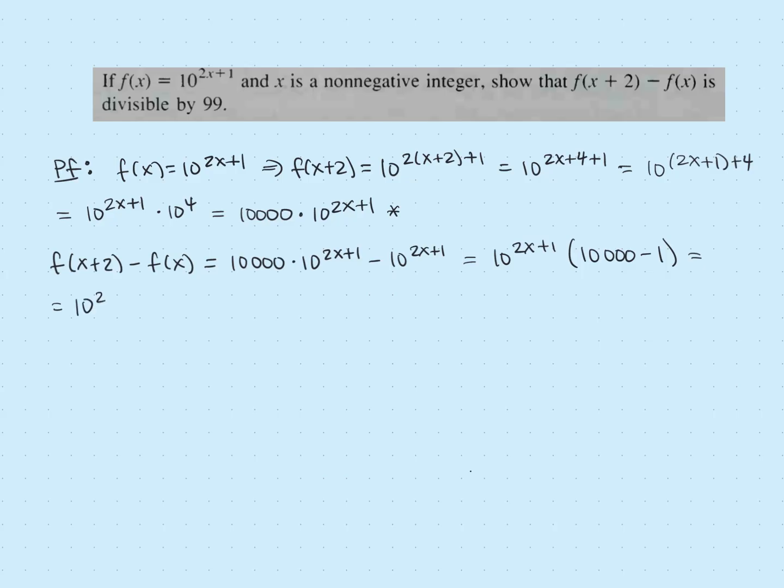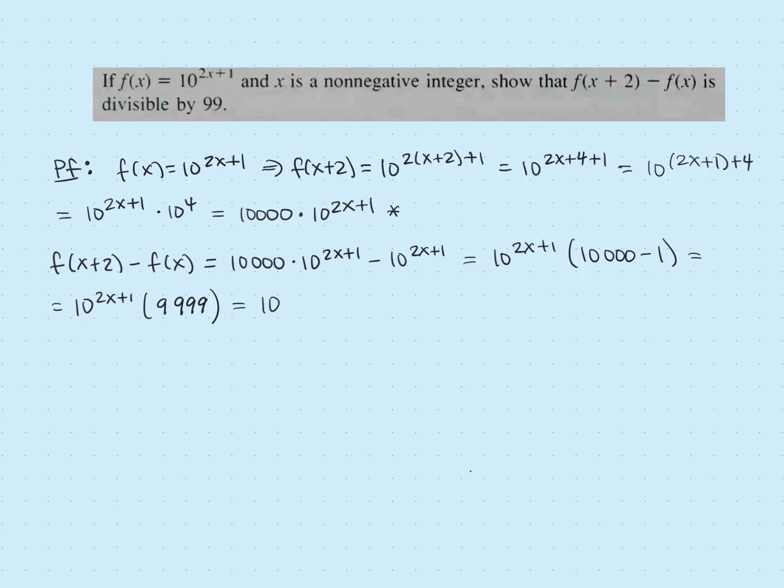I'm going to keep this. And then 10,000 minus 1 is just going to be 9,999. And because we want to prove that this product is divisible by 99, we can rewrite 9,999 as 99 times 101.